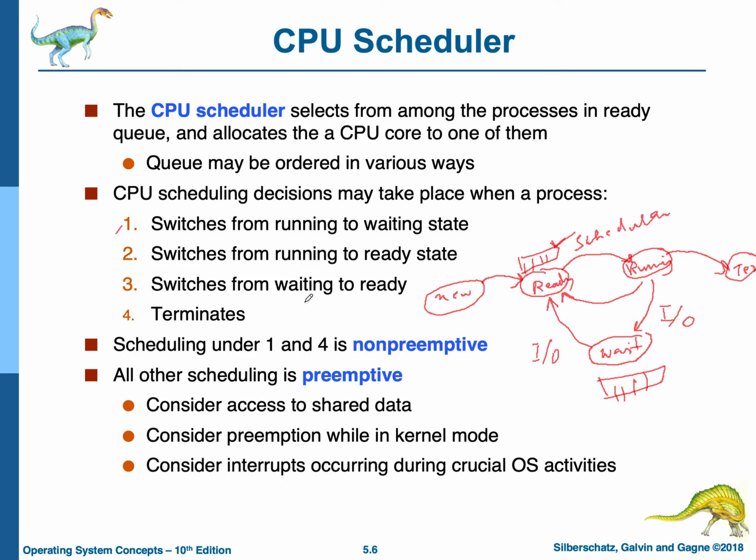Also when switching from running to ready state, and when switching from waiting to ready state. And finally, when a process terminates. So these are the four events when the scheduler comes into play.